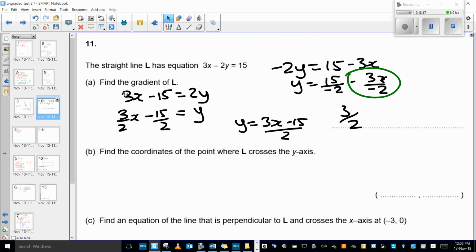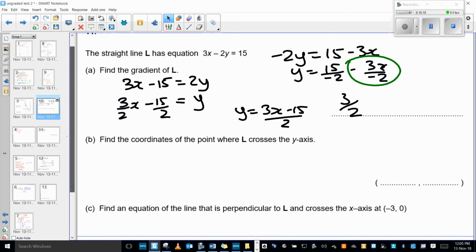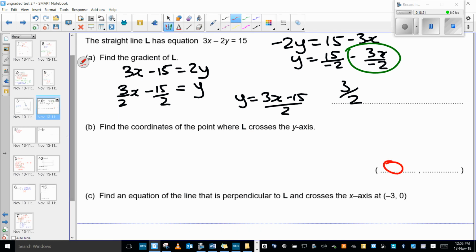The x is 0. The x is 0, thank you. Negative 7.5? Negative 7.5, yes. Or negative 15 over 2. It's this bit. Okay, either one is fine.